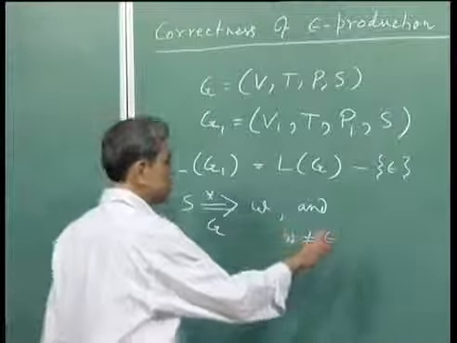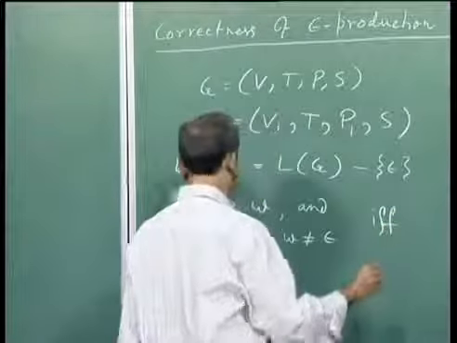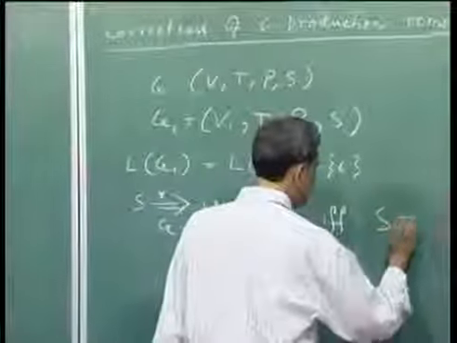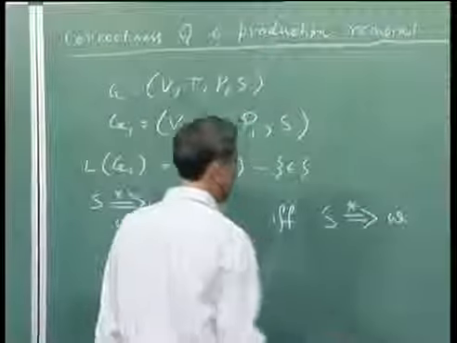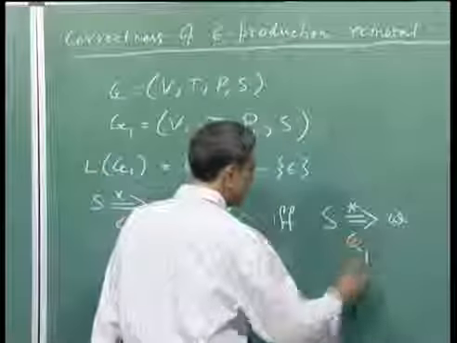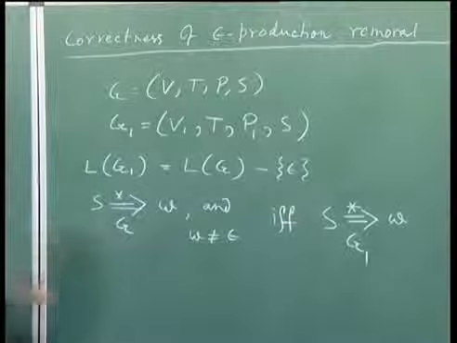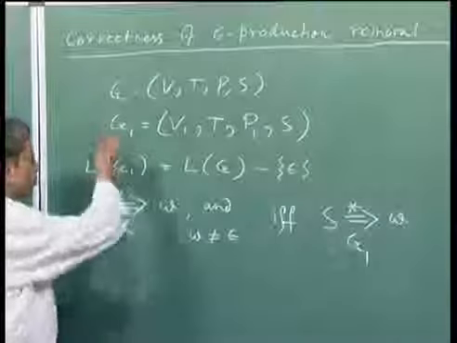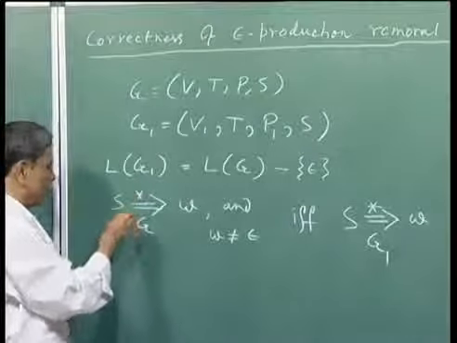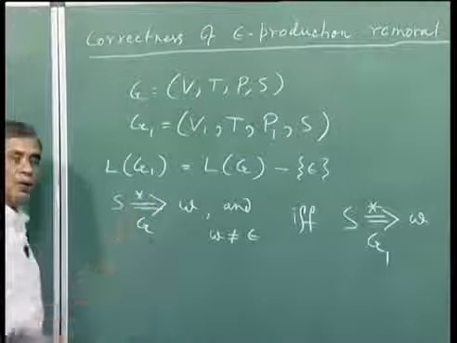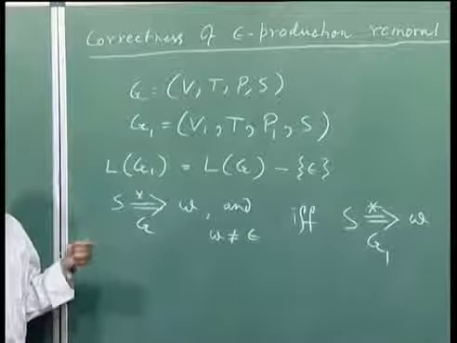This is the case if and only if from S you can derive the same string W in the grammar G1. Recall, since we are talking about two grammars, the derivation symbol that we have been using before needs to be now qualified to indicate derivations in which grammar we are talking of.